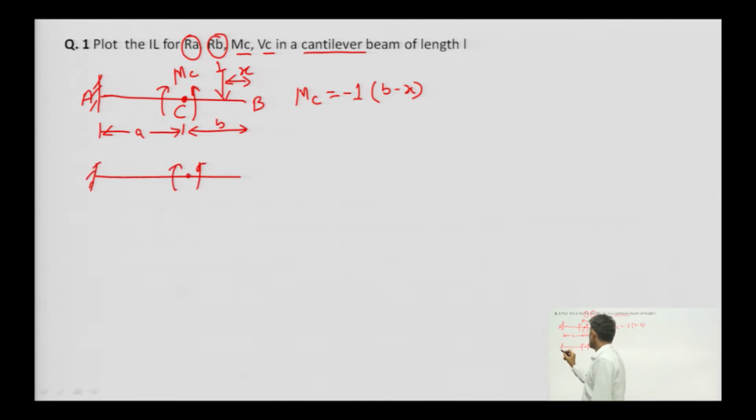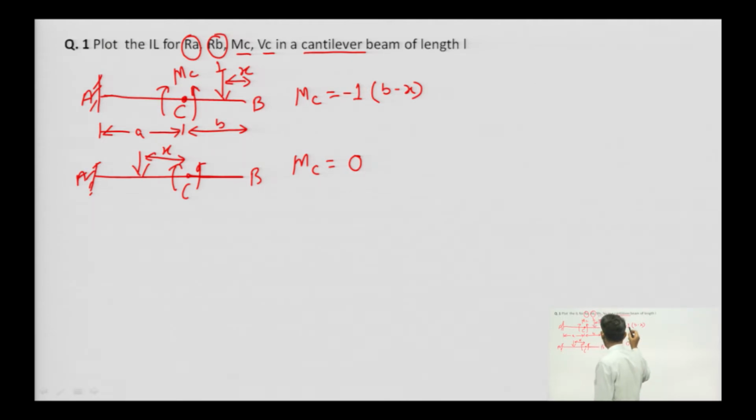And when the load is in segment AC, and suppose this is the distance x, then what will be the value of bending moment at point C? If we consider the right hand part, then it will be 0, because no load is acting in this segment. So, ILD for bending moment at point C will be the plot of these two equations.